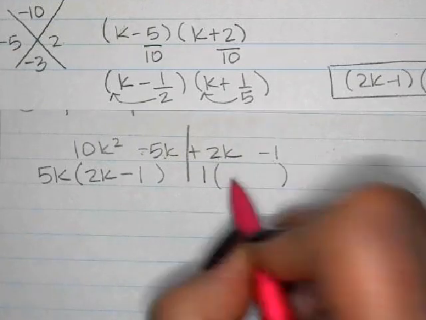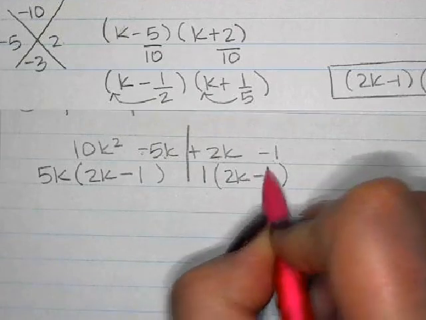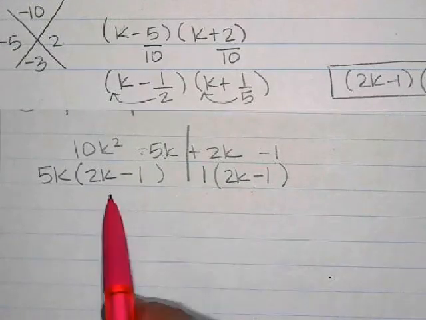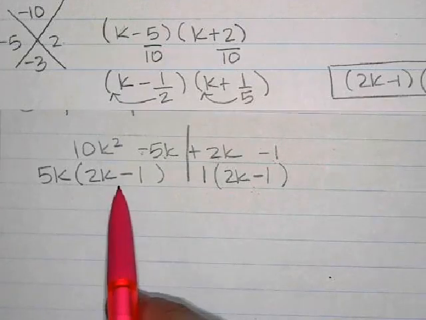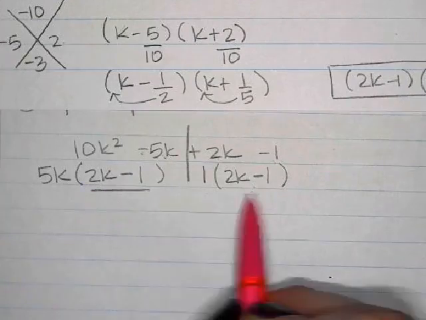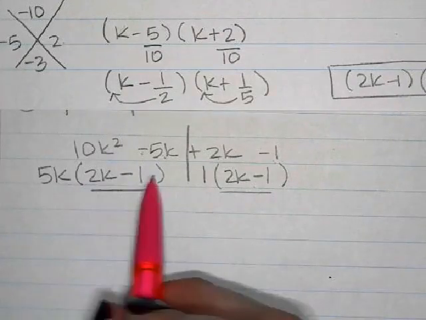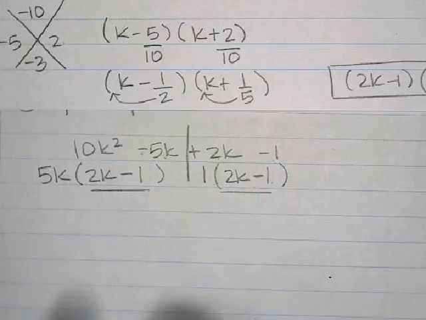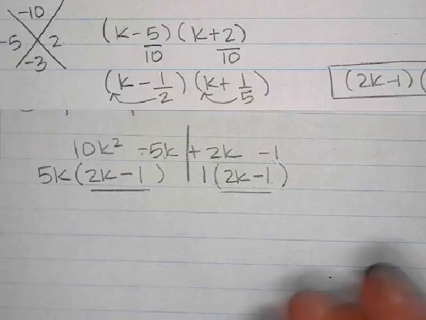And when you guys were doing this, you would notice that your parentheses were always the same. Do you guys remember that? So we would say, oh, if our parentheses are the same, it's kind of like this whole thing is the first term and this whole thing is the second term. And it's kind of like my parentheses are a GCF. The parentheses are a GCF of the first term and the second term.